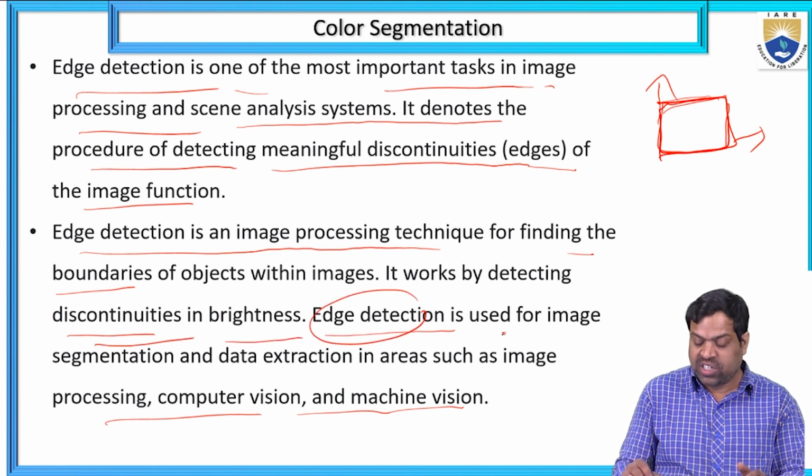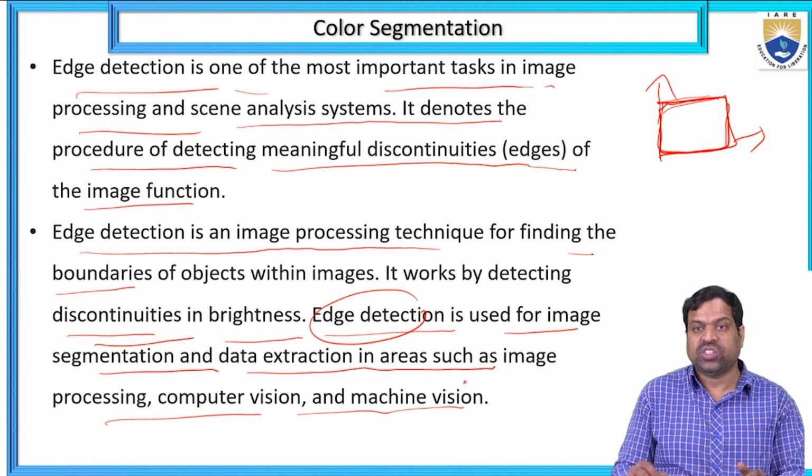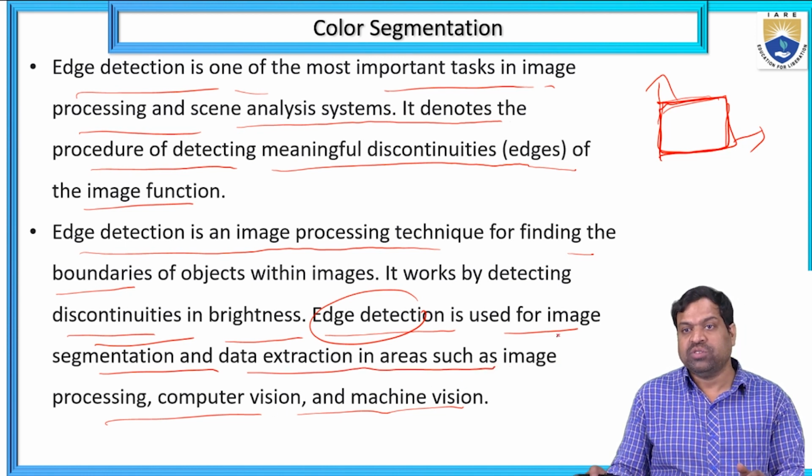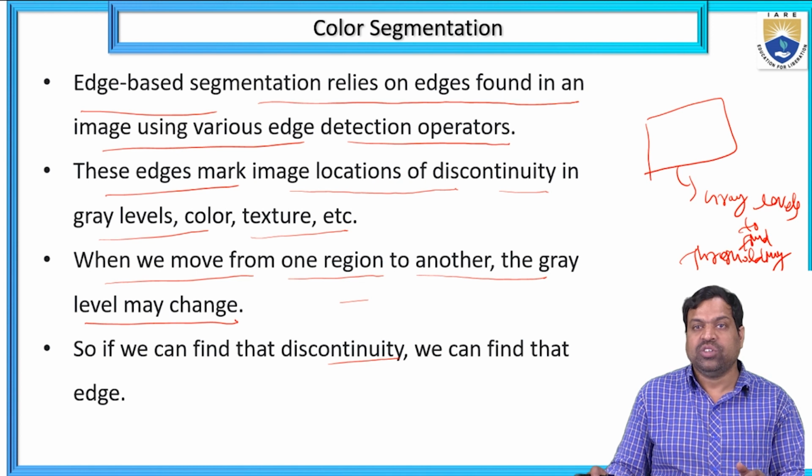Edge detection is used for image segmentation and data extraction in computer vision and machine vision. Image segmentation relies on edges found in an image using various edge detection operations. These edge marks are image locations of discontinuity in gray level, color, texture, etc.